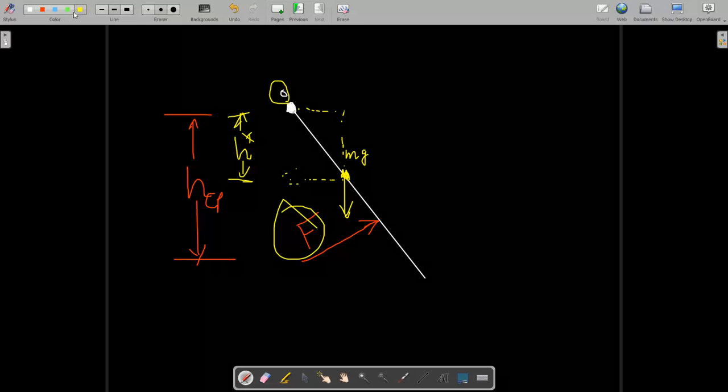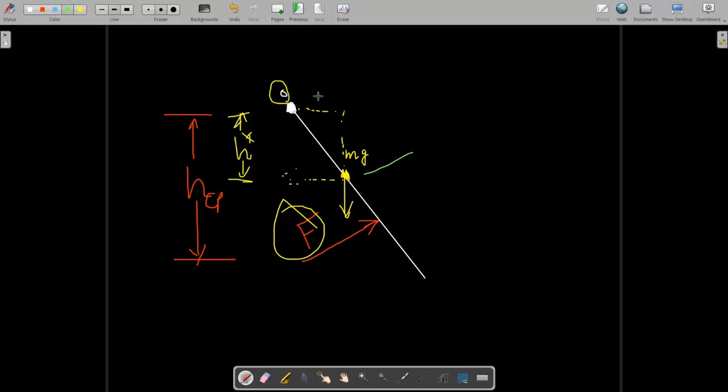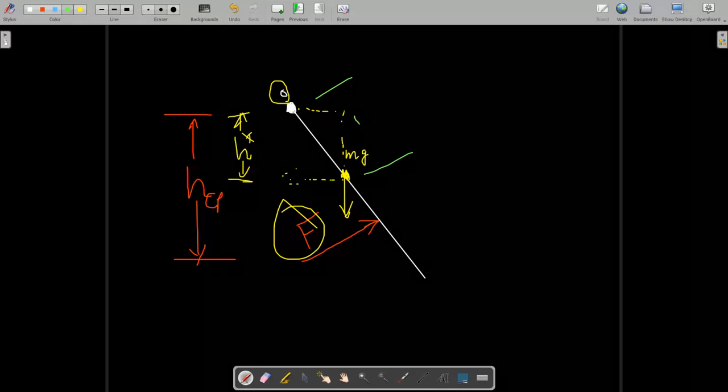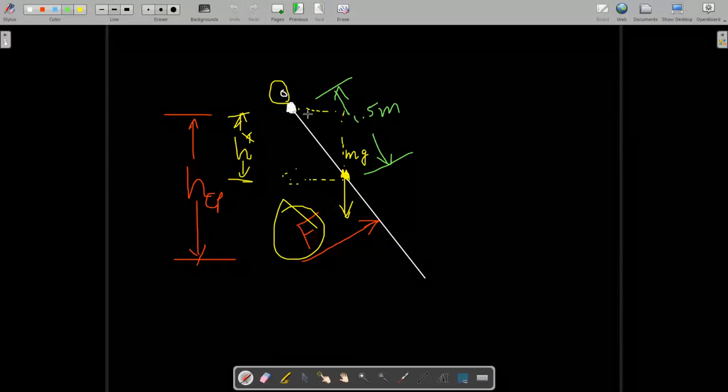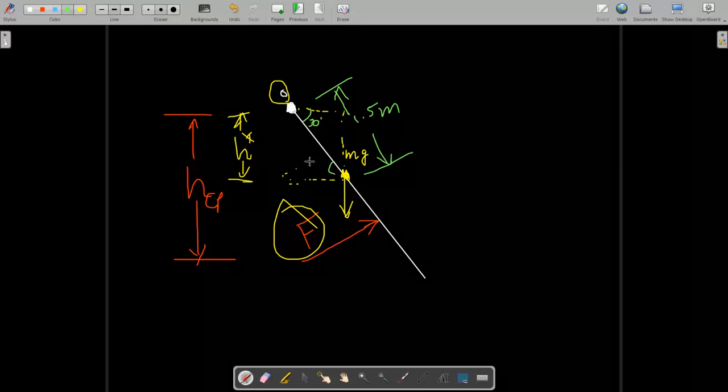So this body weight is acting at the centroid of this gate. This is 1.5 meter, and this angle is given to you. This angle is 30 degree. Okay, so here this angle is 30, so this angle is also 30.